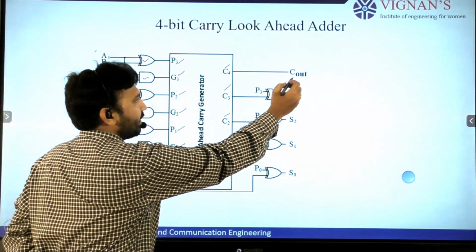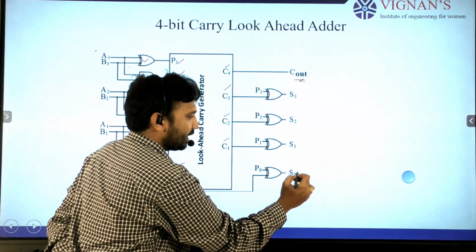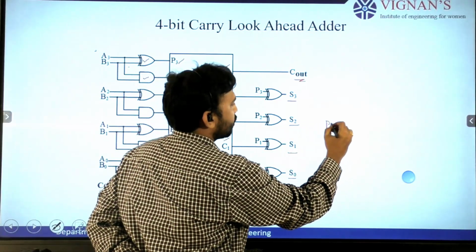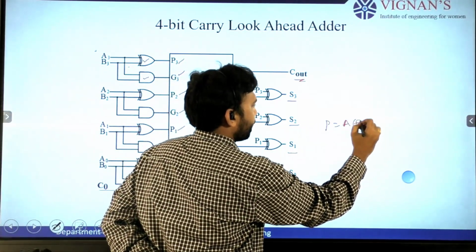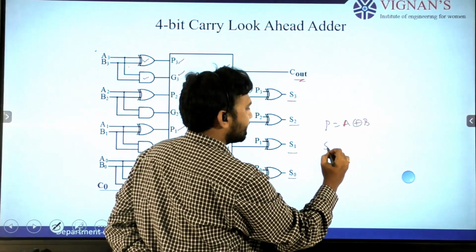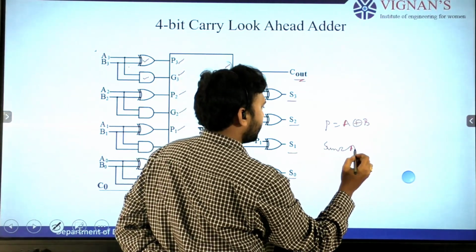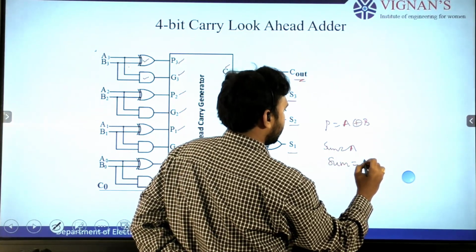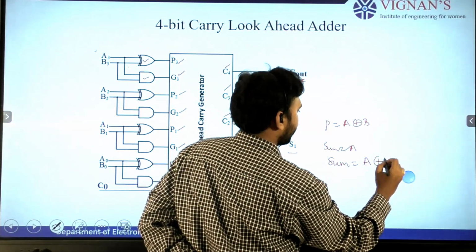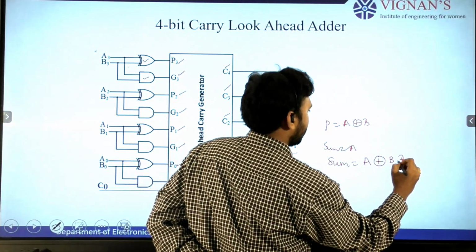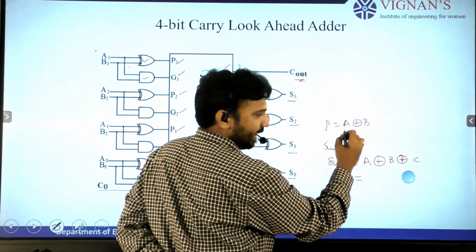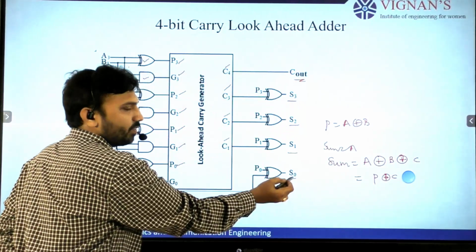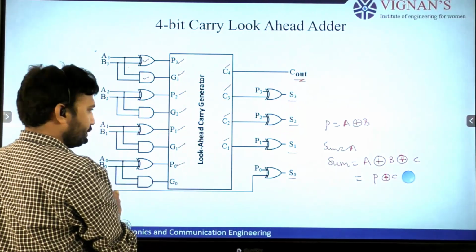After getting the final carry, the only thing remaining is the sum, that is S0, S1, S2, S3. As the propagate is already A XOR B, the final sum equation is A XOR B XOR C. As A XOR B is already P, it is nothing but P XOR C. So for each bit, P0 XOR C0 is the first one.